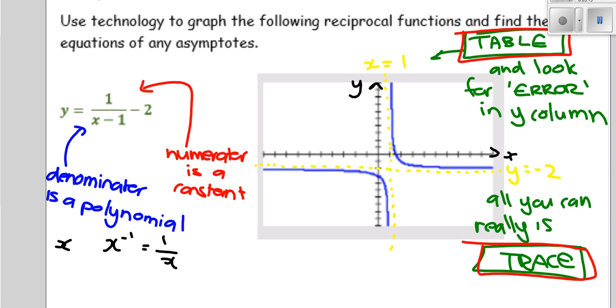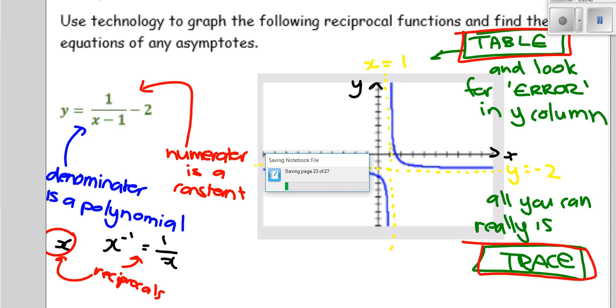The basic function is the linear function y equals x, and the reciprocal of that is x to the -1, which is the same thing as 1 over x. That's why it's called a reciprocal function when it's 1 over x. That's how it got its name.